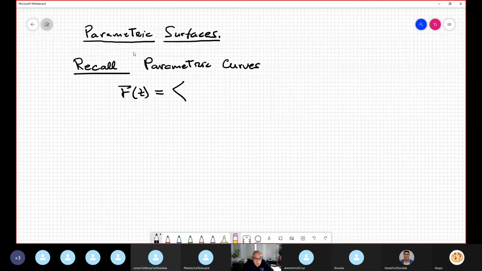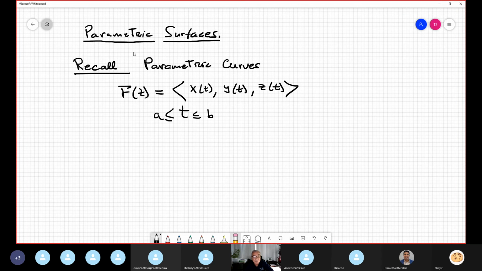This is the vector valued function. This t is a real number in general, with a specified interval. In the output, we have three components, x(t), y(t), z(t), three functions that represent the vector valued function, that vector. And t, very important, don't forget that part, varies from a to b.